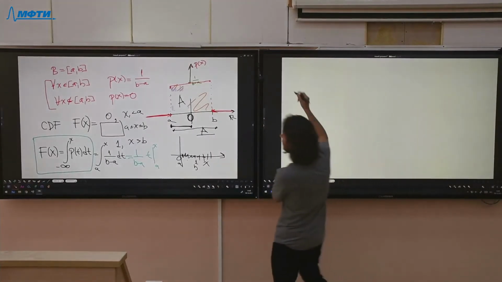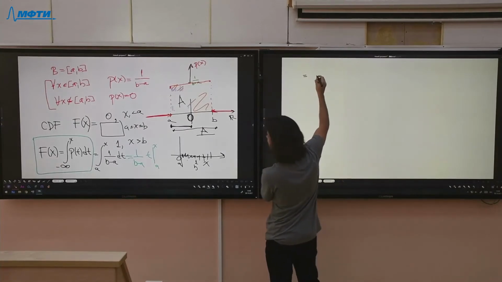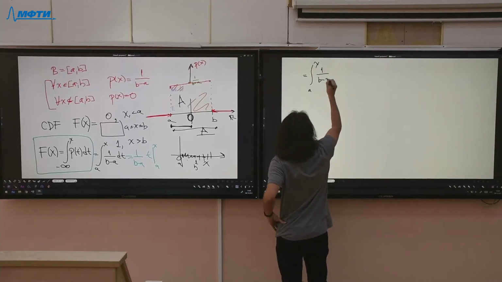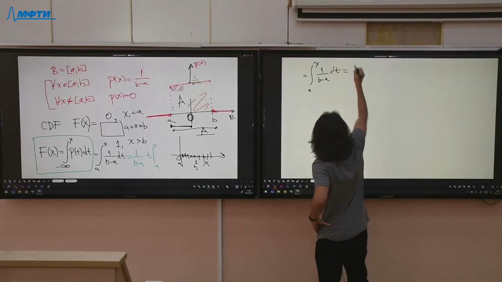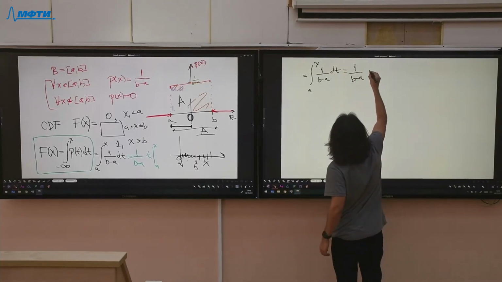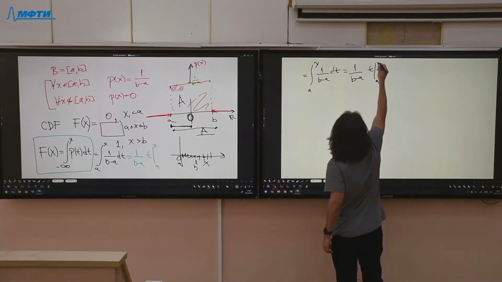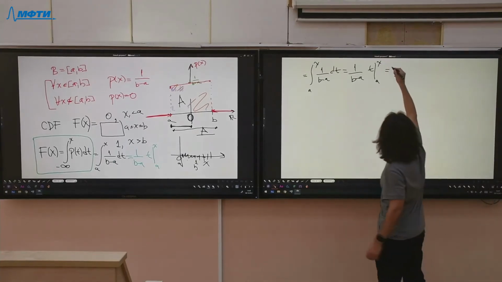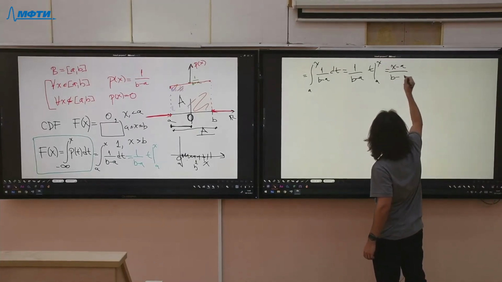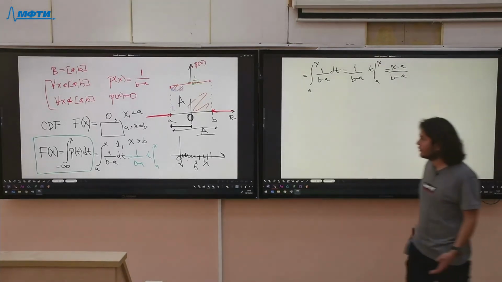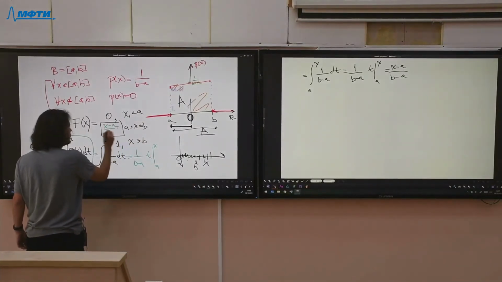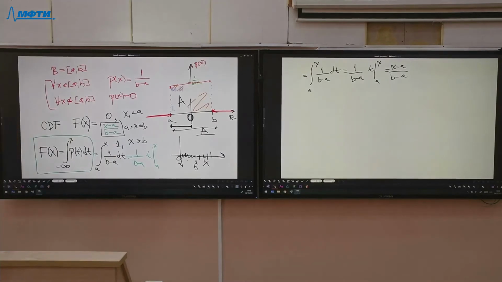So here we have that this is equal to the integral from a to x of 1 over b minus a dt, and this is 1 over b minus a t from a to x. Yes, and this is what? This is x minus a over b minus a, right? So here we should write x minus a over b minus a. So this is the CDF.